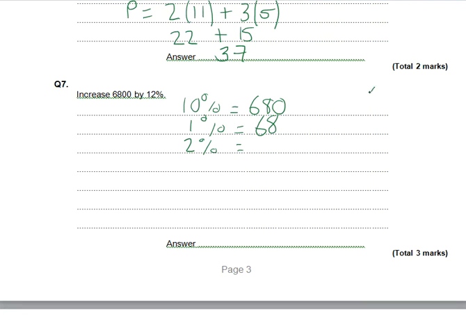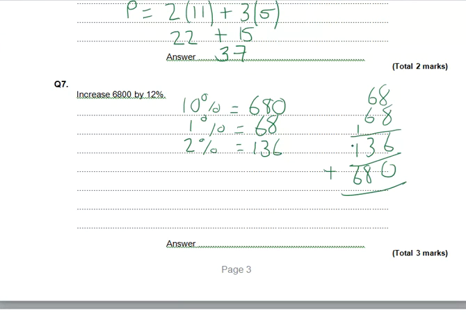So again, 68, remember this is non-calculator, so if you're not sure, just come off to the side. 8 add 8, 16, carry 1 on. 6 add 6, 12, plus 1, 13, so 136. Which means that 12% is going to be the 136 plus the 680, so I'm just going to put this underneath it because I've already got it set out.